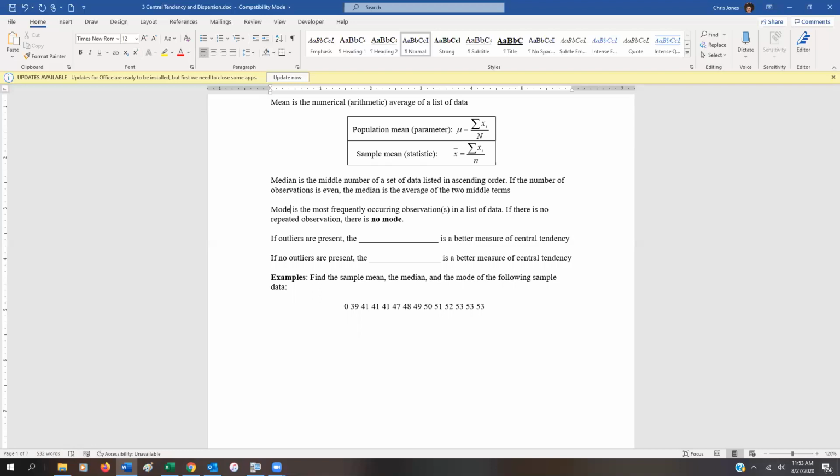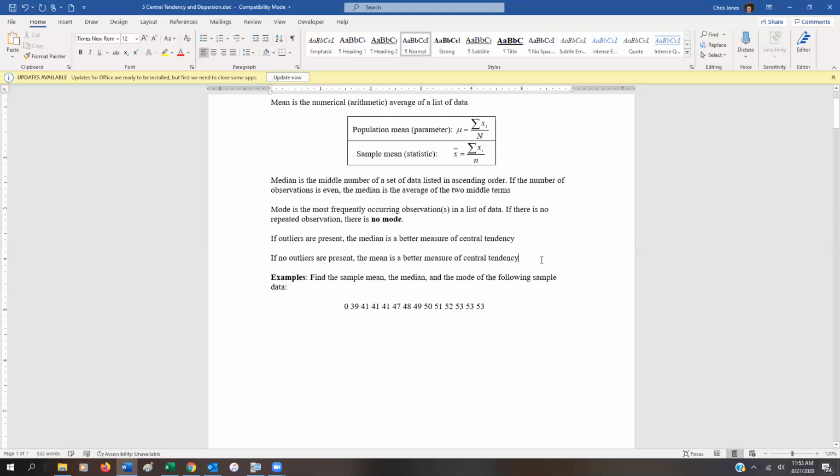Now, if for some reason we have some outliers present, that affects the median specifically a lot. The median tends to be sensitive to outliers. So if there are no outliers present, in general, the mean is the best measure of central tendency. I'm sorry, if there are outliers present, the median is the best measure. However, if there are no outliers, then the mean is a better measure.